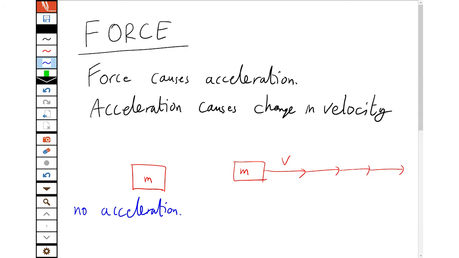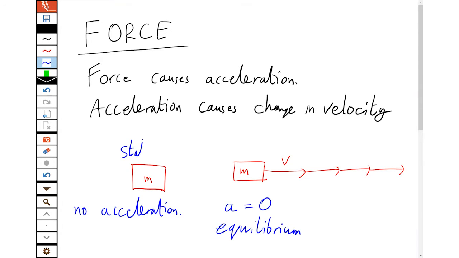And this concept is Newton's first law. If there's no external force acting on something, then there'll be no acceleration. Its velocity won't change. So the acceleration is zero, and this is very often called equilibrium. A key word we'll meet.